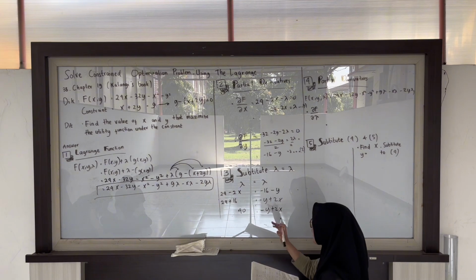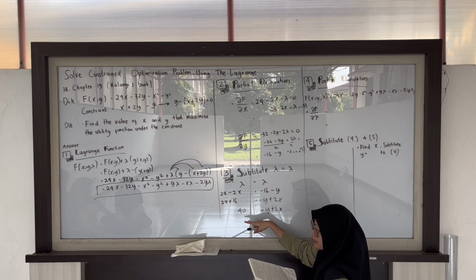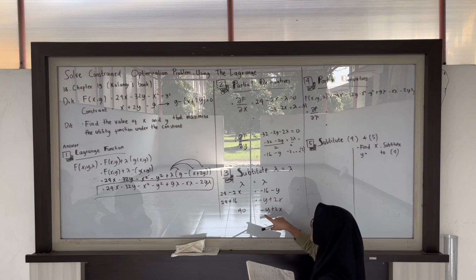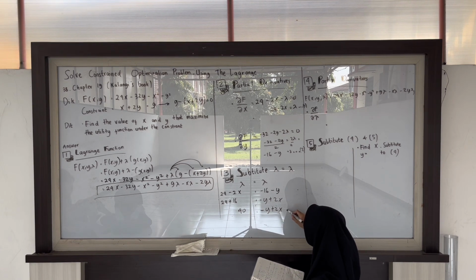We get the answer: 40 equals minus y plus 2x. This is equation 3.